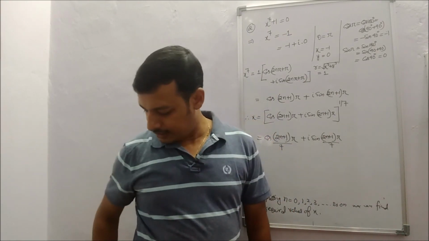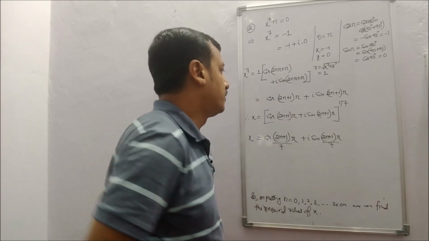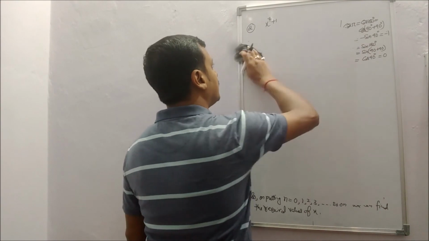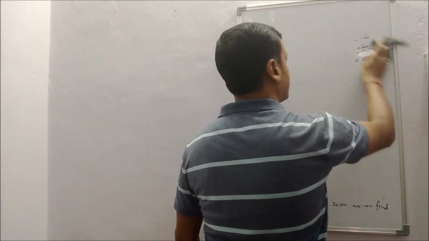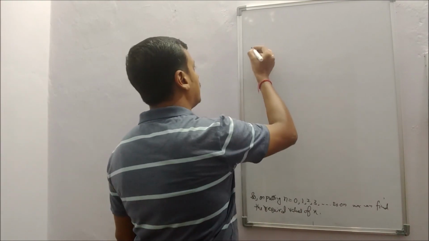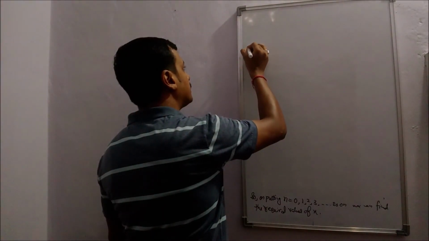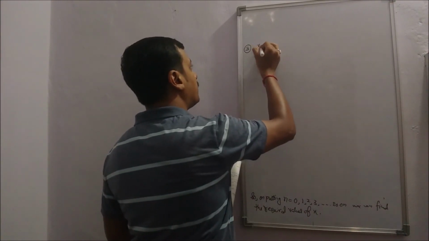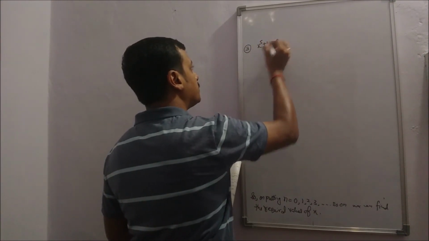So in the next class or video, we will solve all the problems above. In the next video we will solve some problems. These are x to the power 5 plus 1 is equal to 0.